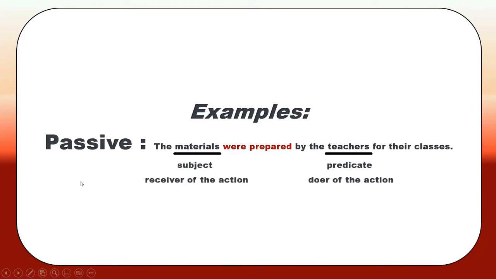Here's another example in the passive voice. The materials were prepared by the teachers for their classes. Here in this sentence, materials, subject or receiver of the action, while teachers is the predicate or the doer of the action.